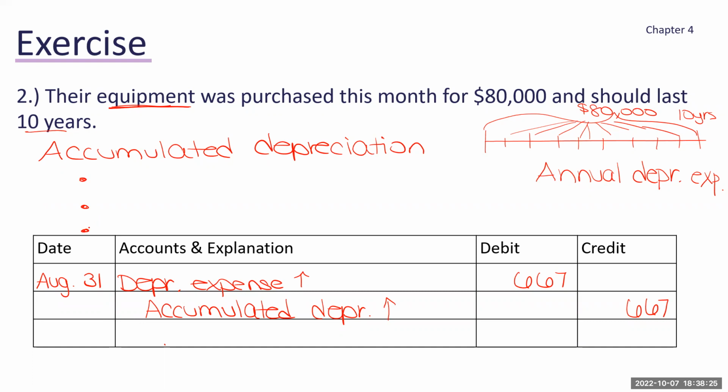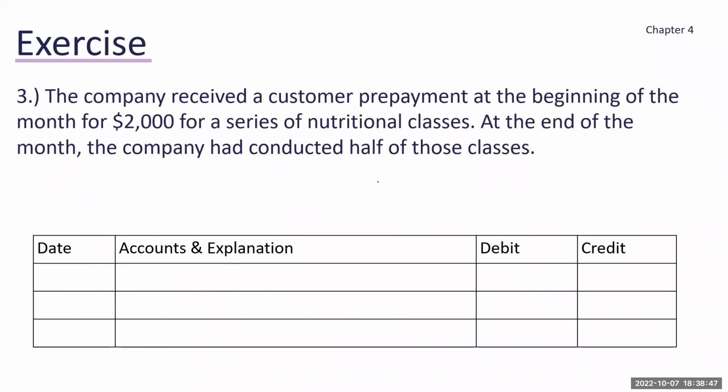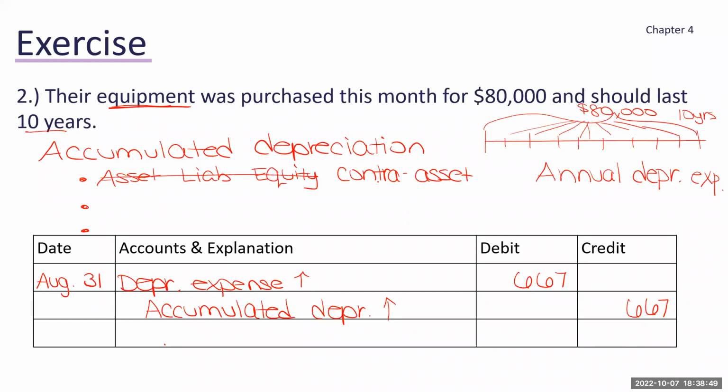Accumulated depreciation. Think about the accounts that we've seen. We've seen asset accounts, liability accounts, and equity accounts. It's really none of those. It's what's called a contra account, specifically a contra asset account. We will see many other types of contra accounts. This is our first one. You've probably heard that term contra before, right?